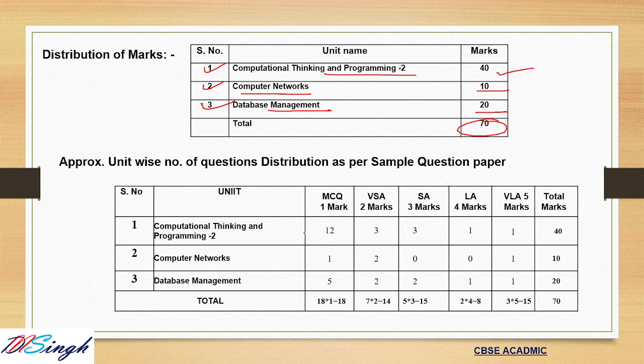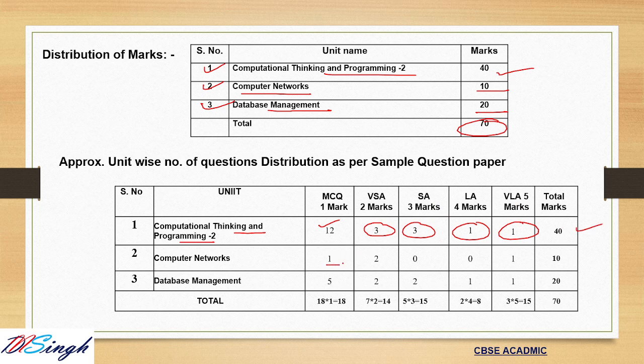Here I have 12 MCQs in the sample question paper from the computational thinking and programming part, and very short answer, 3 questions of 2 marks, 3 questions of short answer type, 1 question for 4 marks and 1 question for 5 marks, that is very long answer. A total of 40 marks are allocated for it.